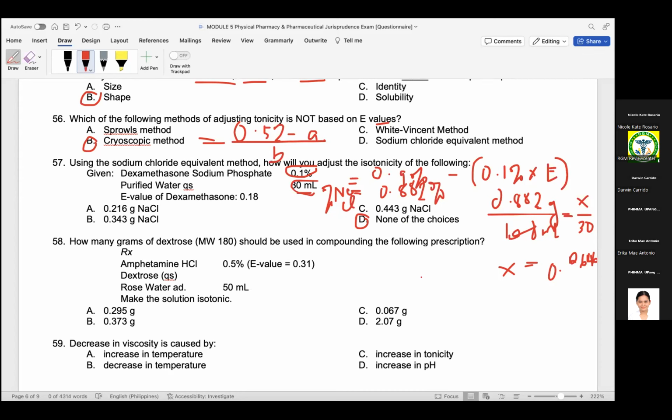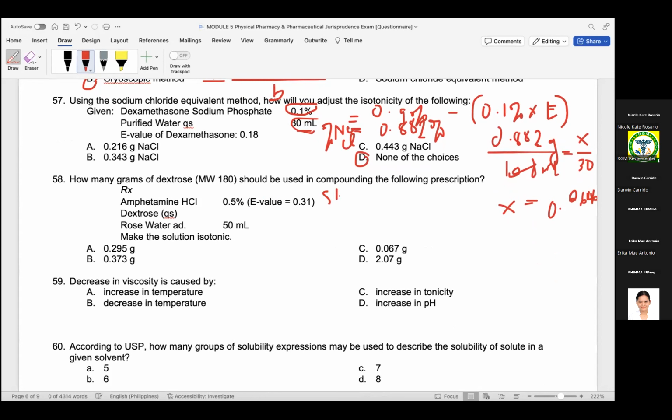Next, number 58. How many grams of dextrose should be used in compounding the following prescription? So ayan. Doon tayo sa standard method. Yung step 1, step 2, step 3. Step 1, di ba? You multiply the amount of drug in grams by its E-value. However, naka-percent ito. So, alisin mo yung percent. How? You multiply it by the volume. So, 0.5 over 100, multiplied by 50 ml, what's the answer?